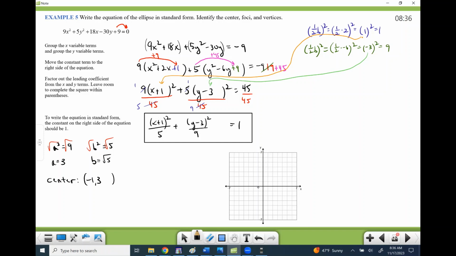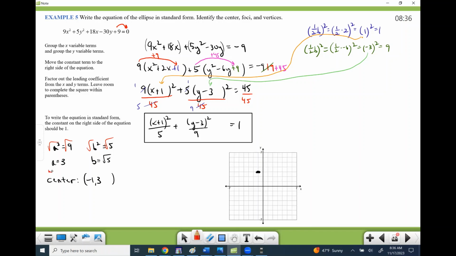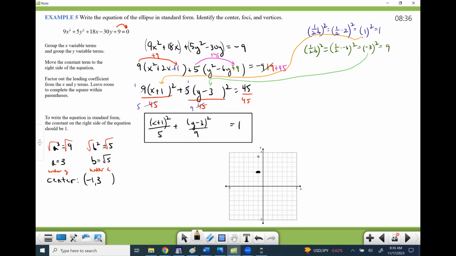So we're going to go to -1, +3 to start this ellipse. Now the 3, that was the a, was underneath the y this time, right? So this was under y, and this one is under x. So I'm going to go 3 in the y direction, in other words, up and down. So 3 up, 1, 2, 3. 3 down, 1, 2, 3.